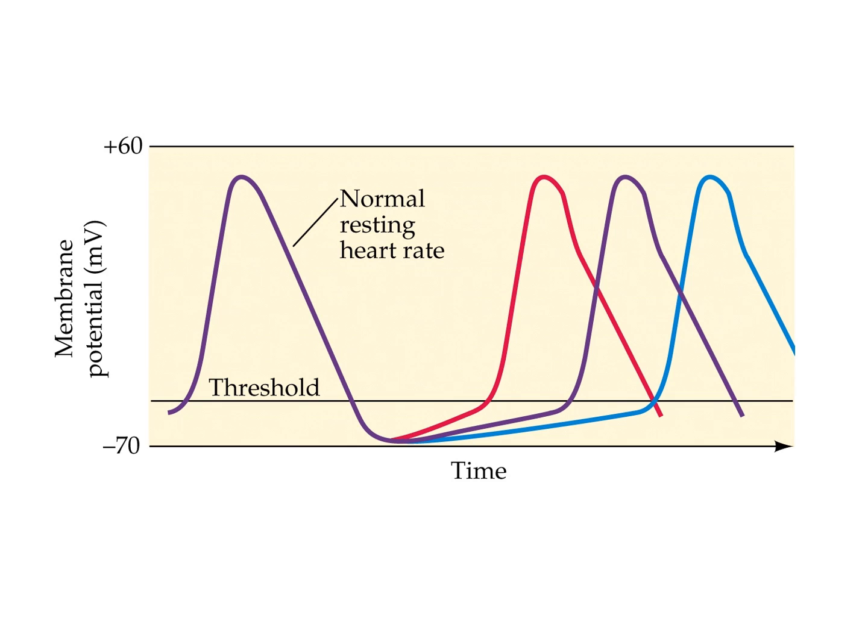Normal resting heart rate is shown here. When it hits threshold, you get an action potential, depolarizing, then repolarizing, in other words, going back down towards negative, and then starting again, depolarizing, hits the threshold, and another action potential.